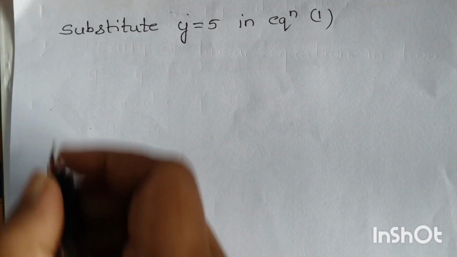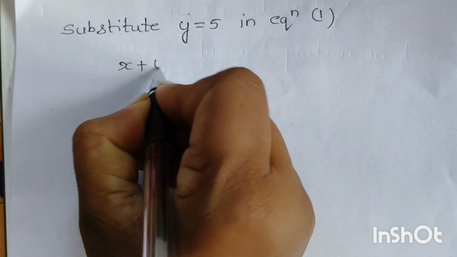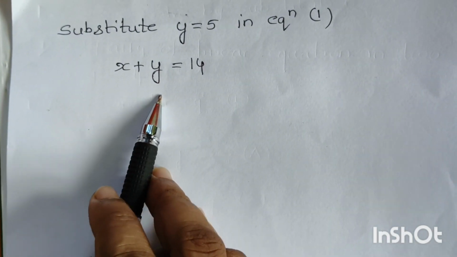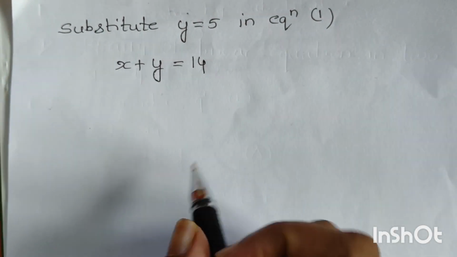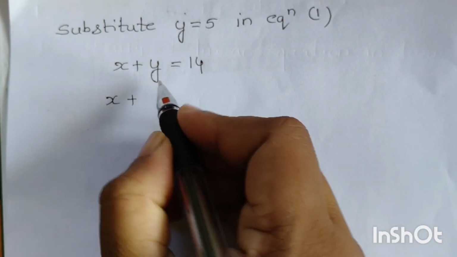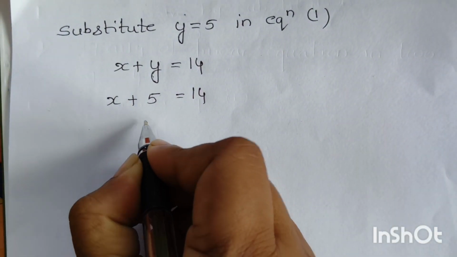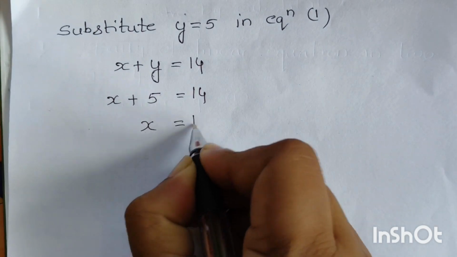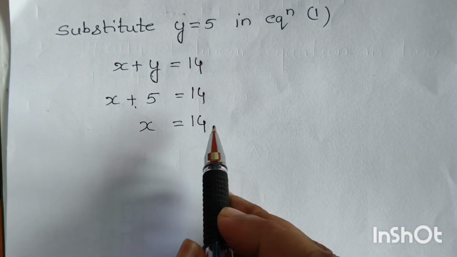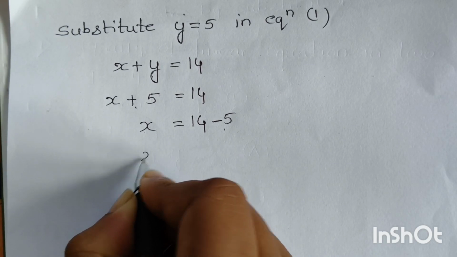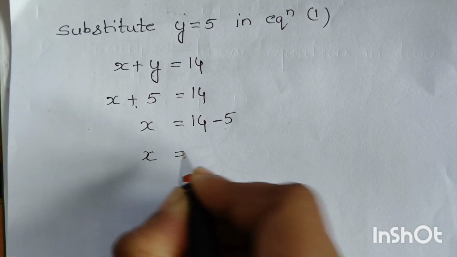That is x plus y is equal to 14. Now let me substitute the value of y, that is 5, in this. Then it will become x plus 5 is equal to 14. X is equal to 14 minus 5; when it crosses the equal to sign, it will become minus 5. Therefore x is equal to 9.